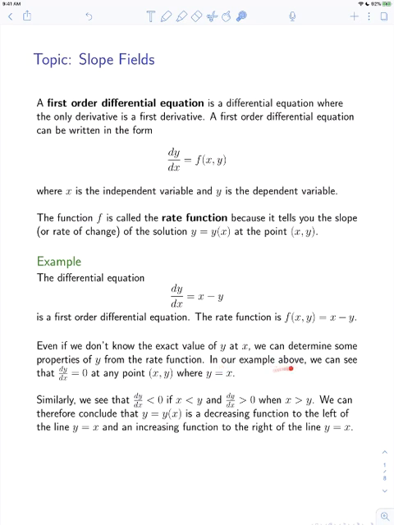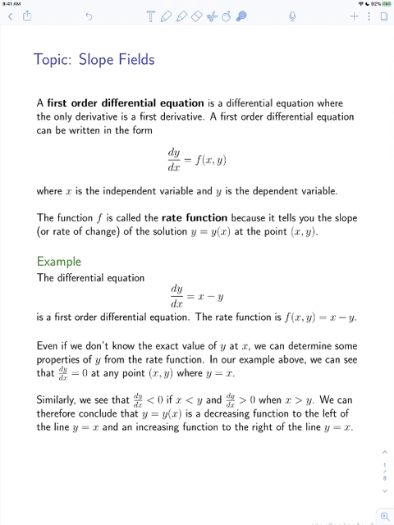In our example above, we can see that dy/dx is equal to 0 at any point (x, y) where y is equal to x. We just plug in x equals y into this expression and we get a 0. What does it mean for dy/dx to be equal to 0? That means the slope of the tangent line is 0 at that point.